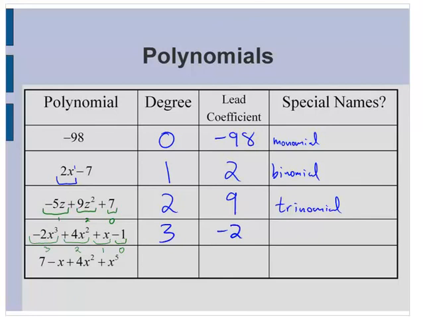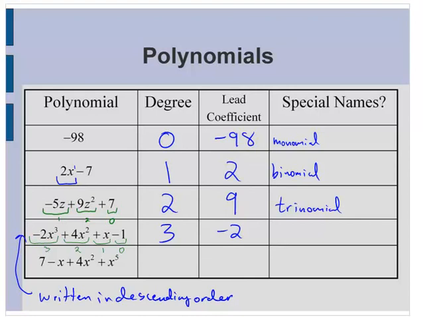Notice also that this polynomial is written in what's called descending order. The monomial of highest degree is written first, and then the degrees descend to the right. Notice that the next one is not written in descending order.